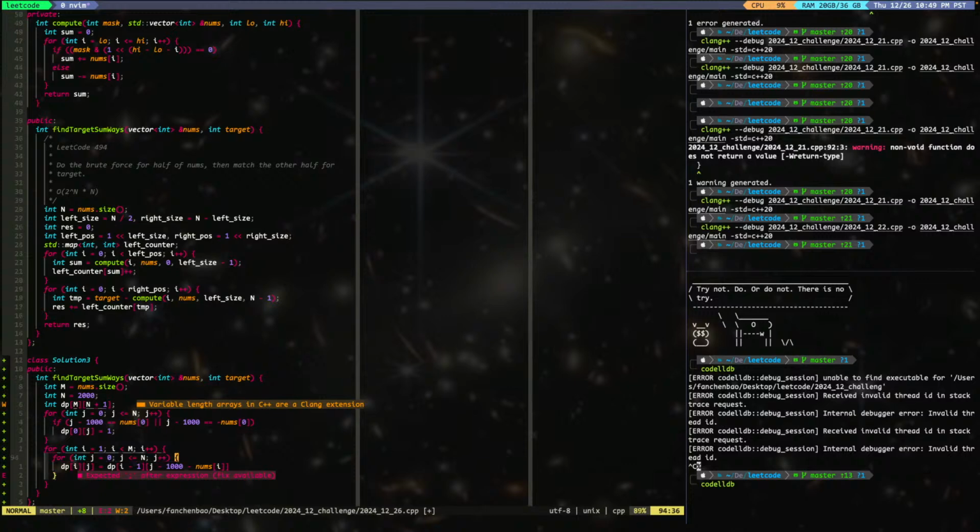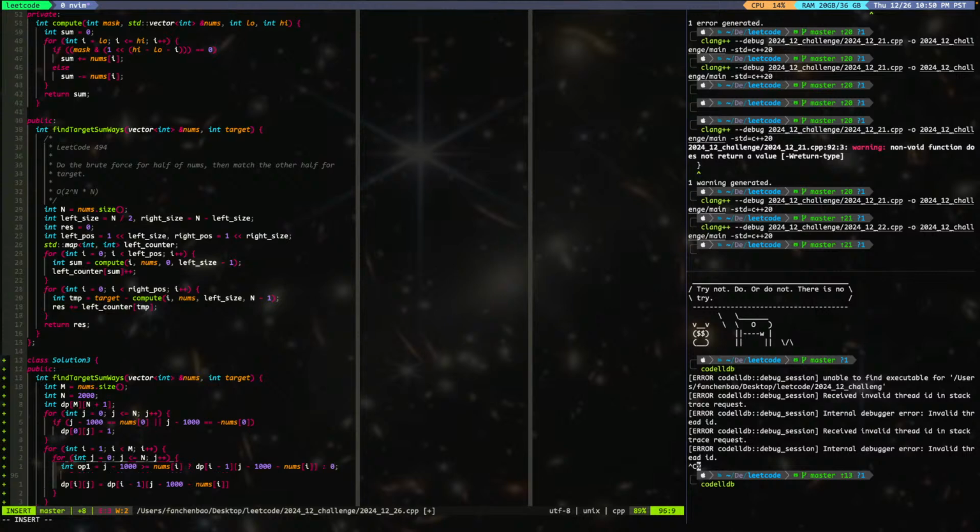Then we can say option 1: j minus 1000 is larger or equal to nums[i]. If it is, then it should be dp[i minus 1][j minus 1000 minus nums[i]].